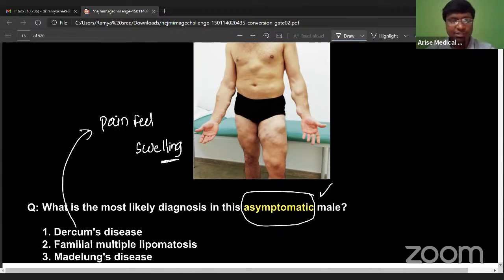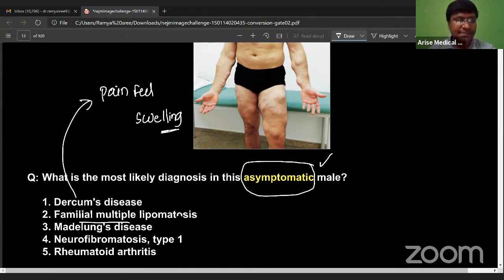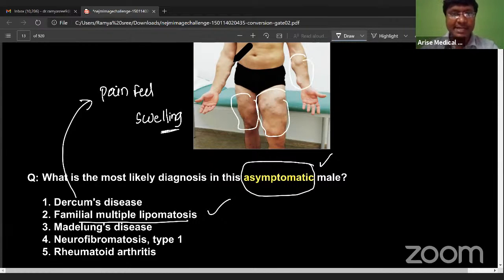The answer in this question is familial multiple lipomatosis. Right? So you can see here, these are your multiple swellings, both in the upper limb and in the lower limbs. You can make out that there is presence of multiple swellings. So this is your familial multiple lipomatosis.